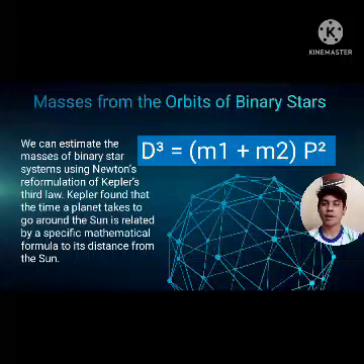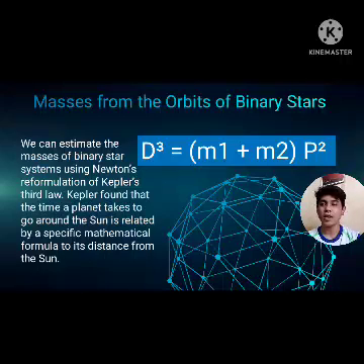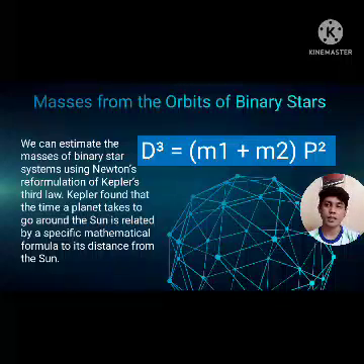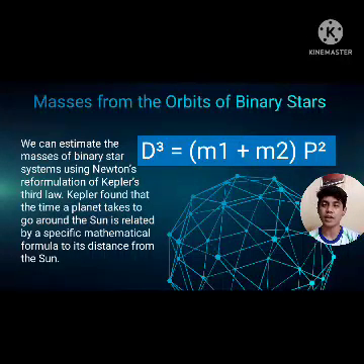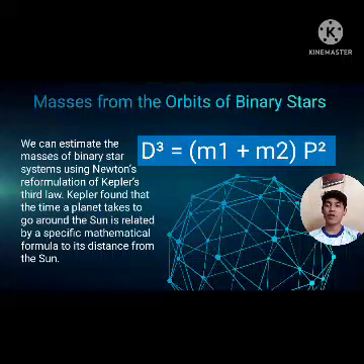If two objects are in mutual rotation, as in our binary star situation, the period, or the P, in which they revolve around each other is related to the semi-major axis, or the D, of one's orbit with regard to the other, as shown in this equation, where D is in astronomical units, P is in years, and M1 plus M2 is the total of the two stars' masses in units of the Sun's mass.